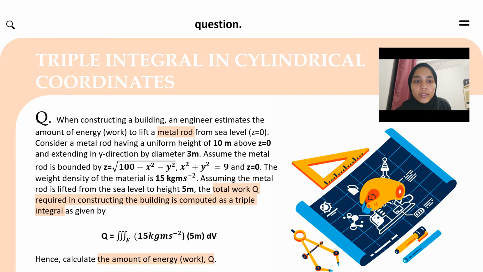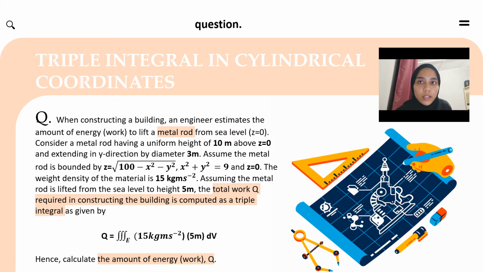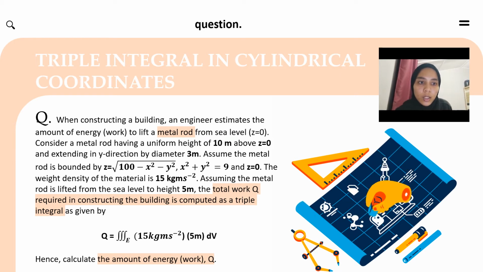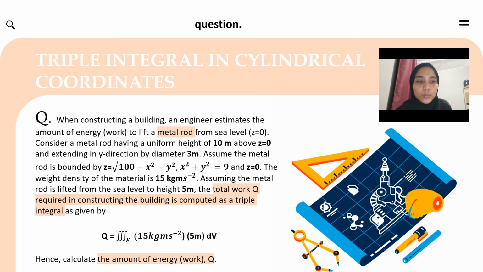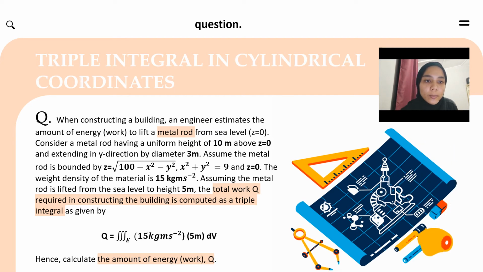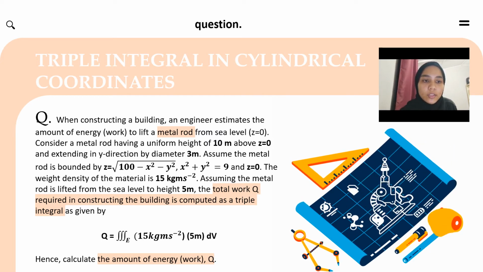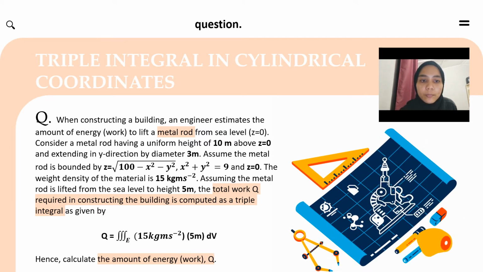Assume the metal rod is bounded by z equals square root of 100 minus x squared minus y squared, x squared plus y squared equals 9, and z equals 0. The weight density of the material is 15 kg meter per second squared. Assume the metal rod is lifted from sea level to a height of 5 meters.